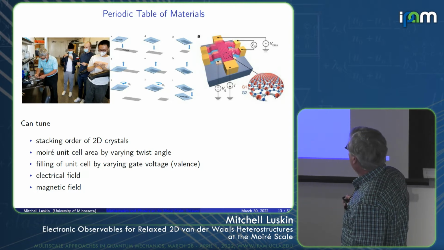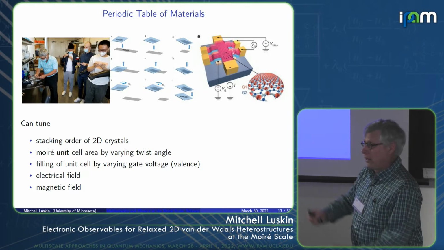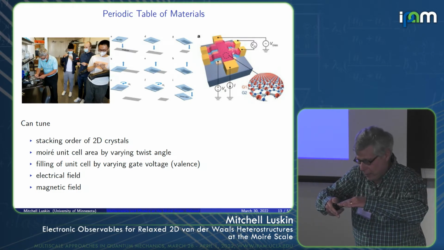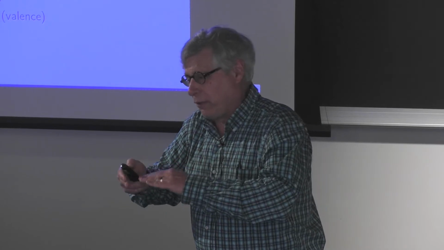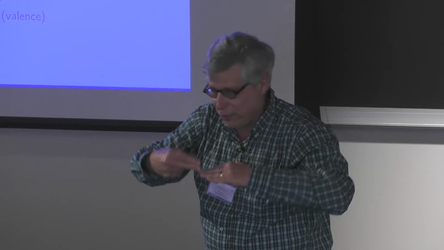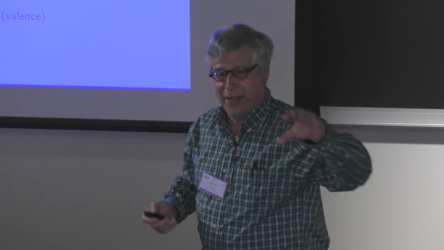And if you want to do these twisted things, what you have to do is take a single layer, cut it, lift a little bit, then rotate and put it down again. There are all these little teeny mechanical gadgets.